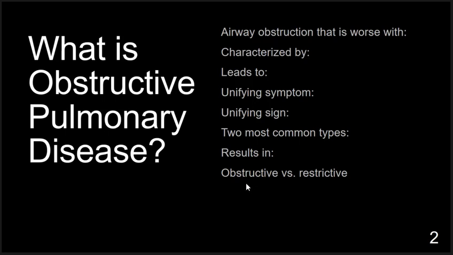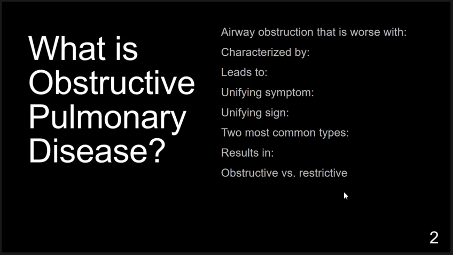So we've talked about obstructive pulmonary disease in what I just spoke of, but you'll also hear of restrictive lung disease. So what's the difference between the two? People that have restrictive lung disease cannot fully fill their lungs with air. Their lungs are really restricted from fully expanding to allow for the maximum amount of air to be inspired.